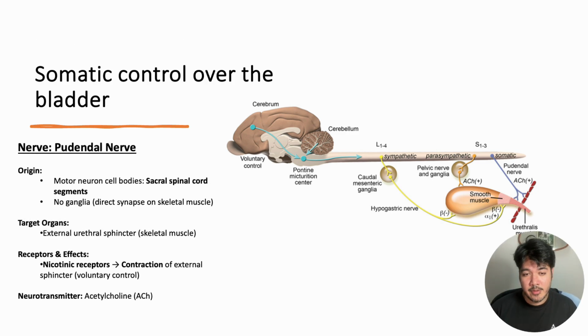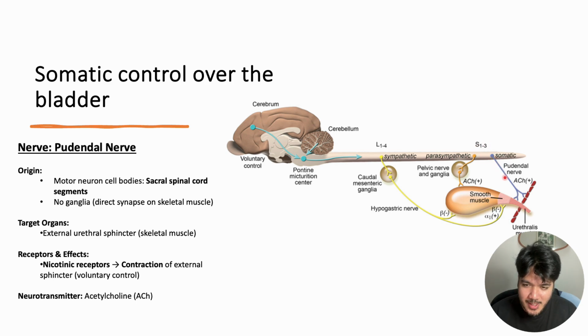We also have somatic control over our bladders. When we say somatic control, we talk about it being voluntary, and voluntary control means that we have conscious control over the organ. But we also mentioned that somatic control means there's some involvement of skeletal muscles. When we talk about what nerves are involved, here we have what we call the pudendal nerve. The pudendal nerve starts from the sacral spinal cord, so it's very similar to the pelvic nerve, in the S1 to S3 region in a dog.